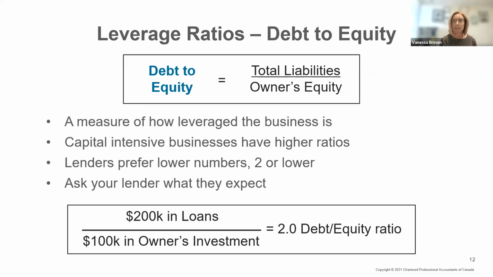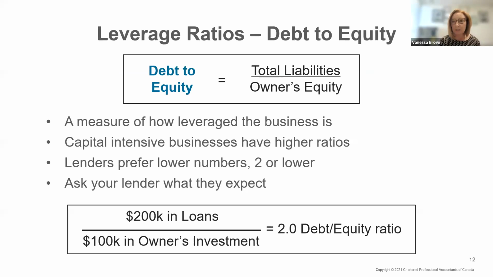Now, getting into our leverage ratios, this is measuring how leveraged the business is, how much debt there is in relation to retained earnings and share capital that the shareholder has purchased.